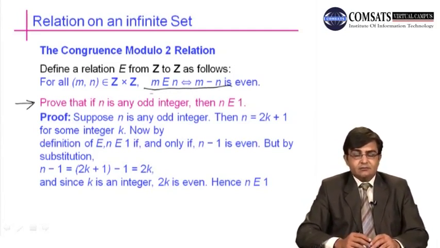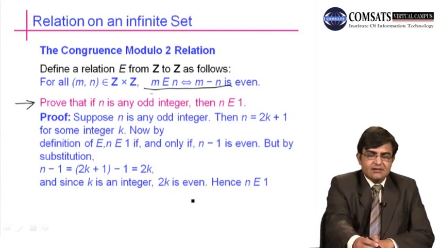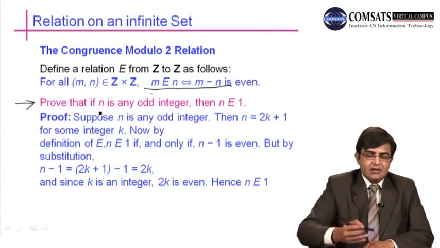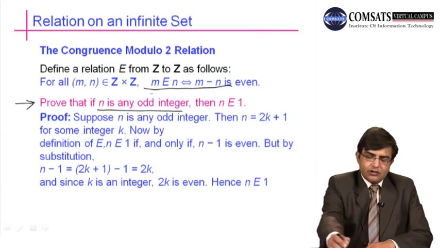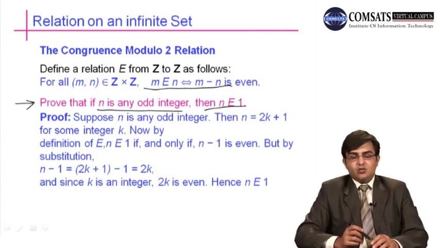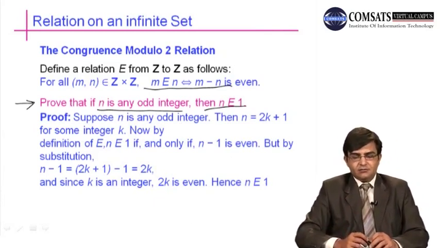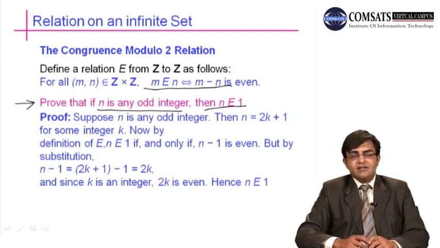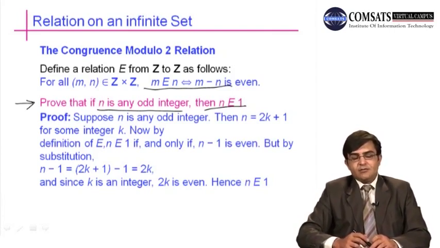We prove it by the direct method. We suppose that the hypothesis of this universal conditional statement is true, and then prove that n is related to 1 under the relation E, where E is m minus n is even.